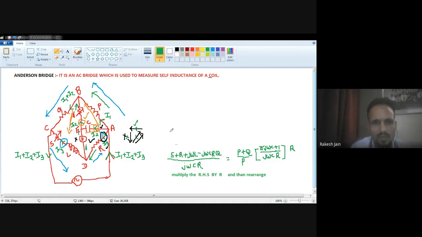So see, now at the right hand side, I just write down at the left hand place: this P multiplied by capital R here, and this Q also multiplied by capital R.